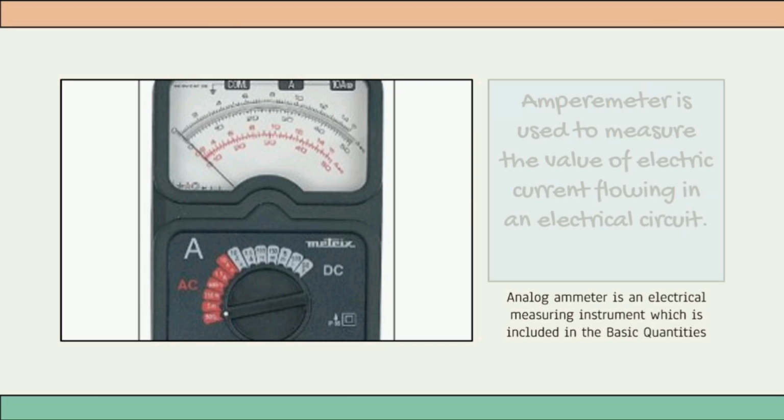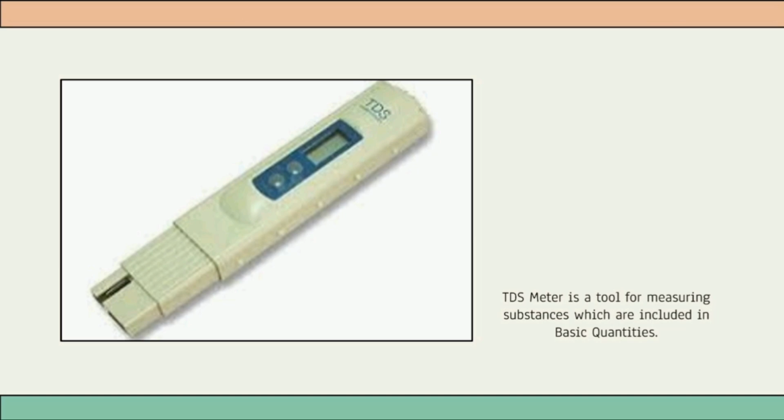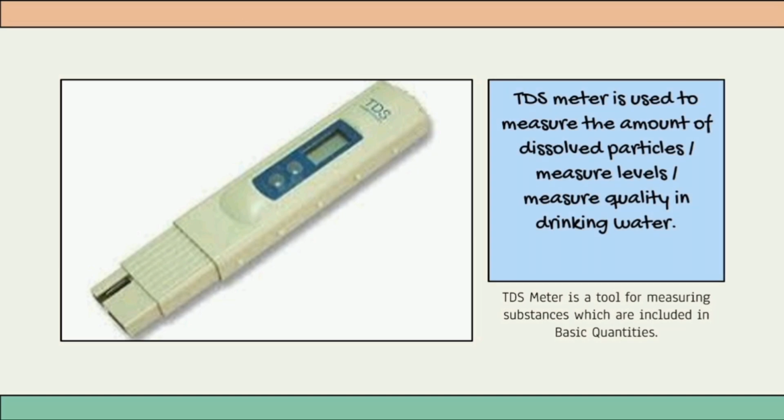Ammeter is used to measure the value of electric current flowing in an electrical circuit. The last one is the TDS meter. TDS meter is a tool for measuring substances, which is included in a basic quantity. TDS meter is used to measure the amount of dissolved particles, or measure levels or quality in drinking water.